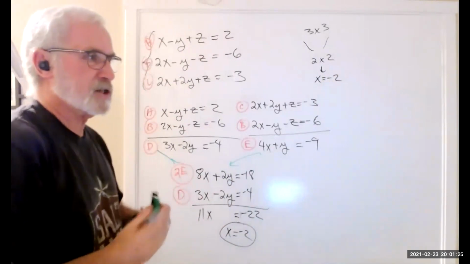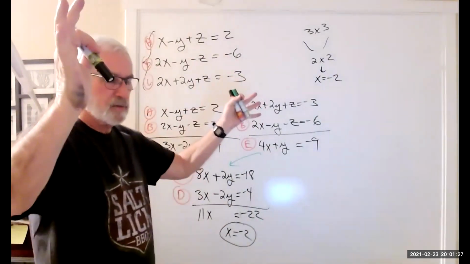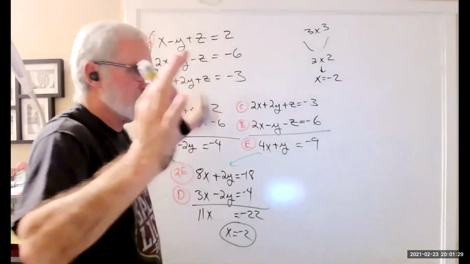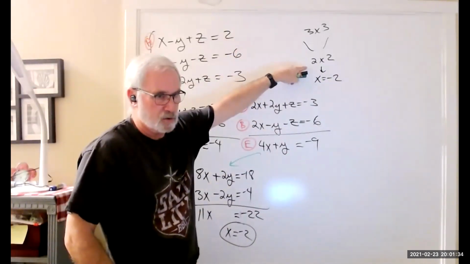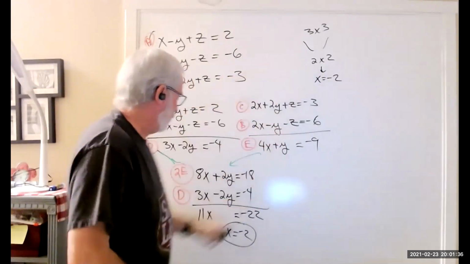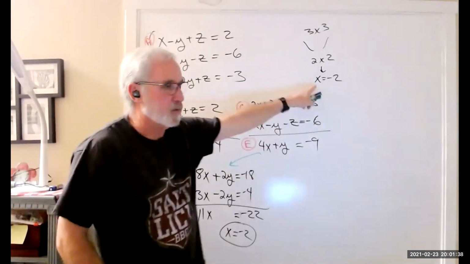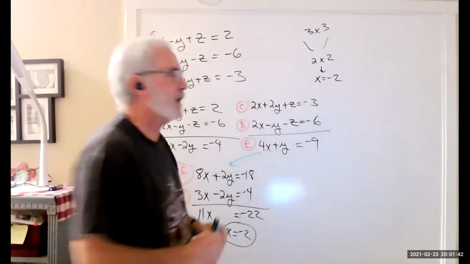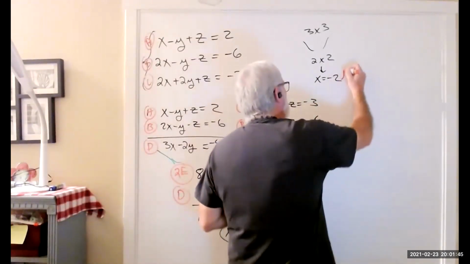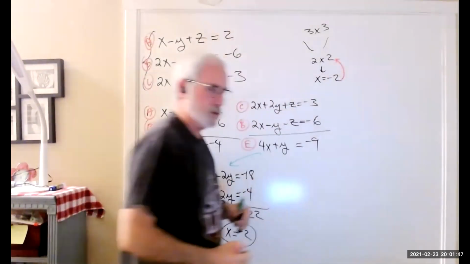That's kind of the process. We took the 3 by 3 system and, using steps 2 and 3, we squeezed it into two 2 by 2s. And then solving that, we squeeze it into an answer. Now what we're going to do is very slowly and very carefully substitute backwards.